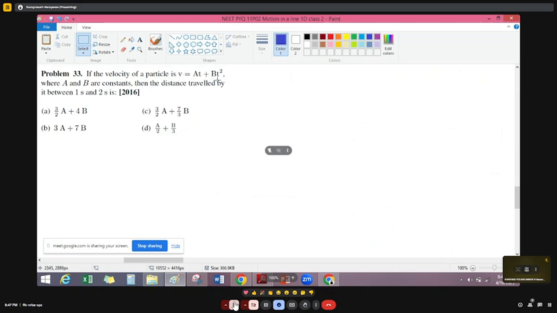Velocity is a function of time. Then if we differentiate, we get acceleration. Acceleration will also be a function of time. So if acceleration is a function of time, can we use equations of motion or not?